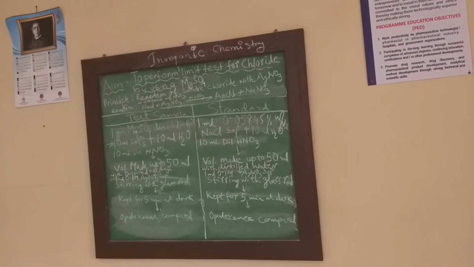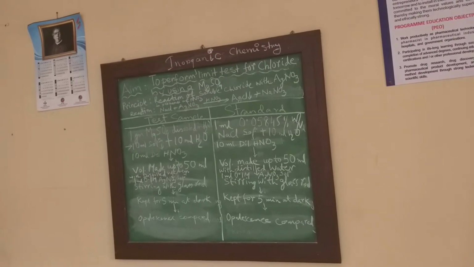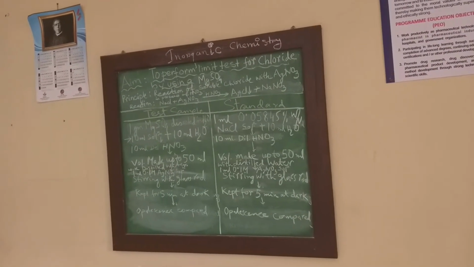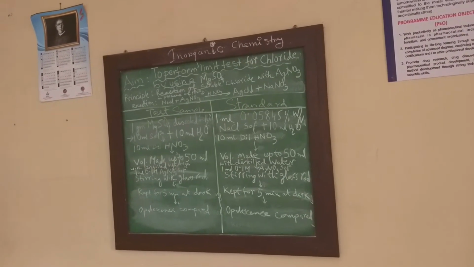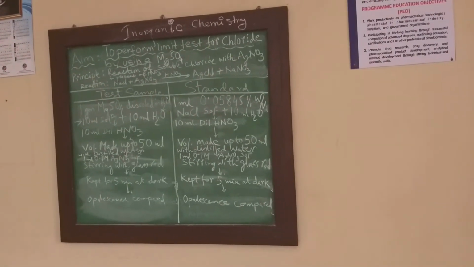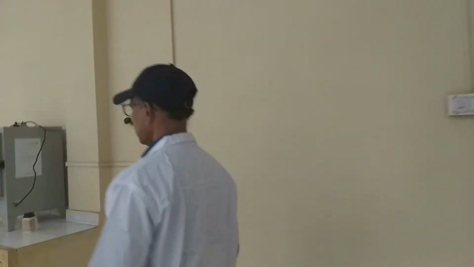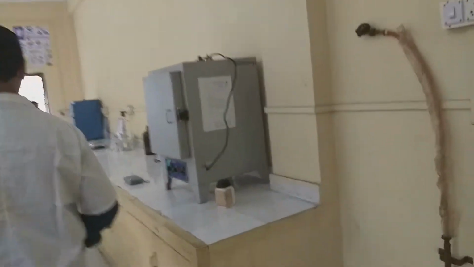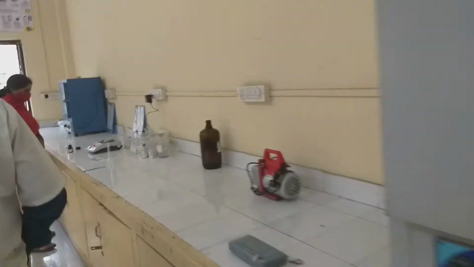Its amount required is only 1 ml in the test solution and 1 ml in the standard, so we need only 2 ml of the solution. So we will prepare only 50 ml of 0.1 molar silver nitrate, and for 50 ml we need 8.5 gram of silver nitrate.